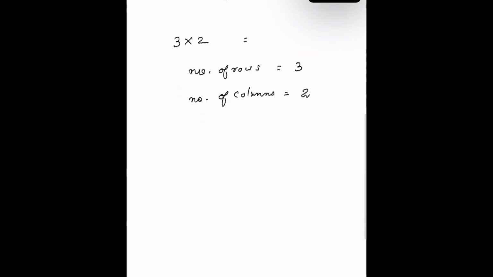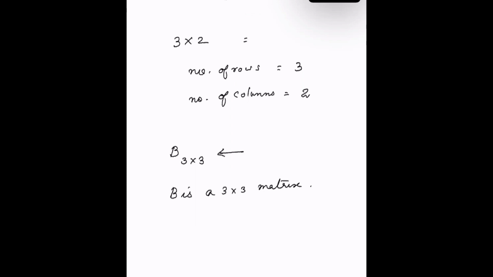If I write B, then 3 by 3, it means that B is a 3 by 3 matrix. What does a 3 by 3 matrix mean? It has 3 rows and 3 columns. That's the meaning of writing like this.